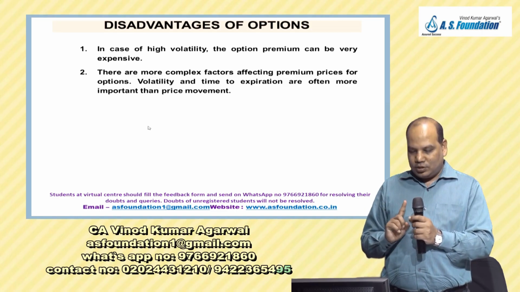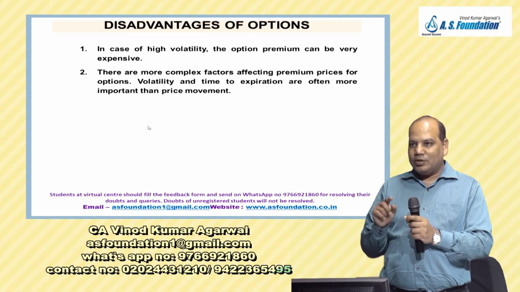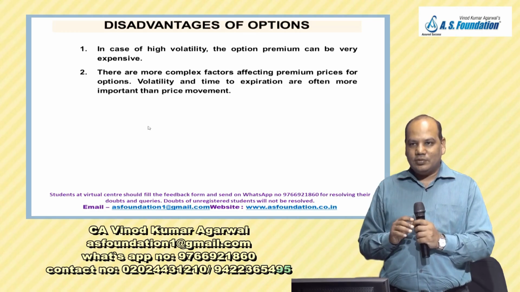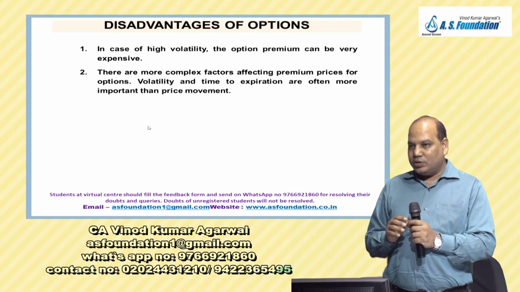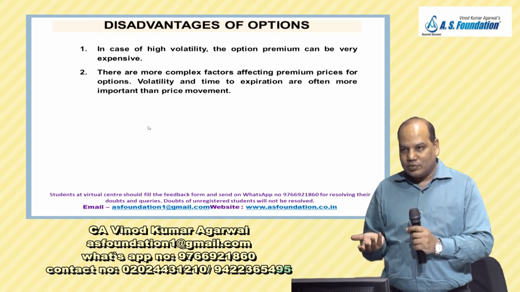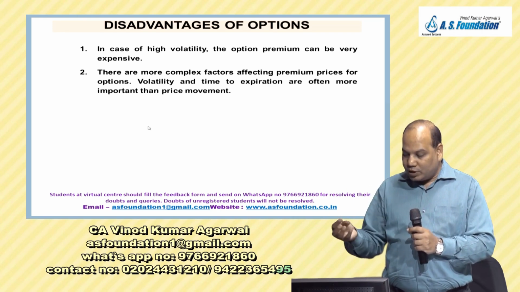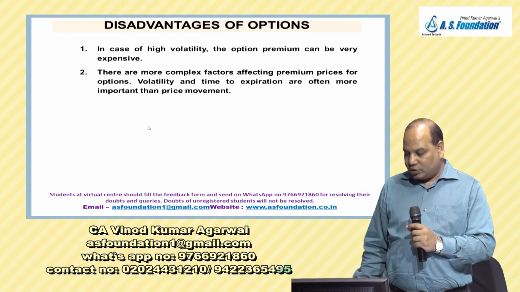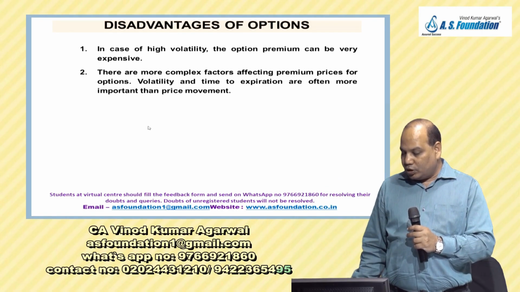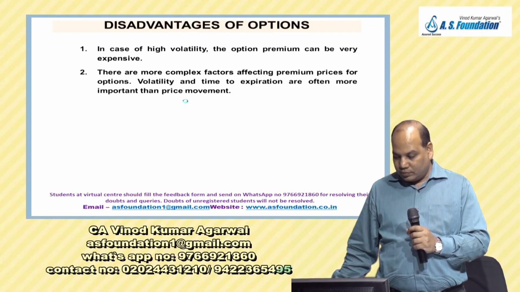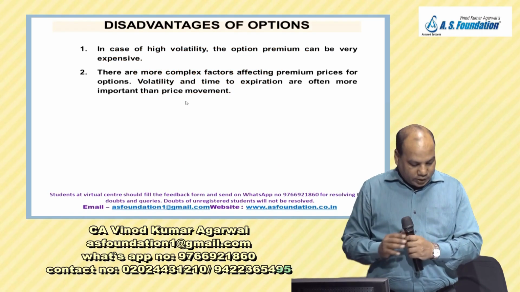Once again: exercise price, market price, interest rate, time to expiry, volatility, dividend. There may be other market related factors also. As those variables change, the value of the option will also keep changing. Volatility and time are often more important than the price movement. So these are the disadvantages.